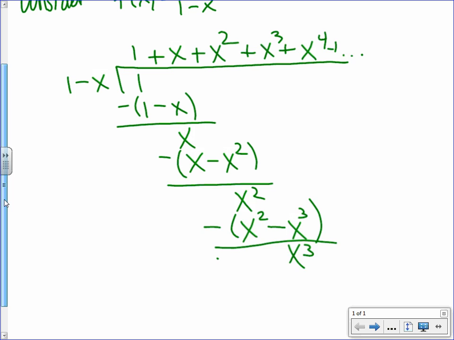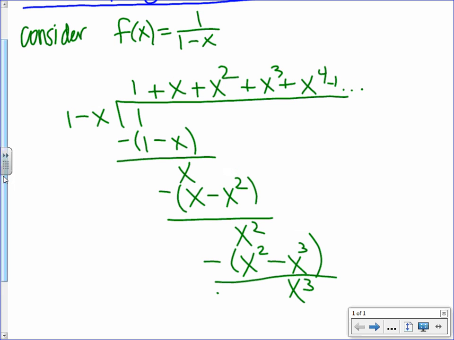So we could write this as... okay. So we're not going to divide every single time. Is there a relationship from here to here? Yes.